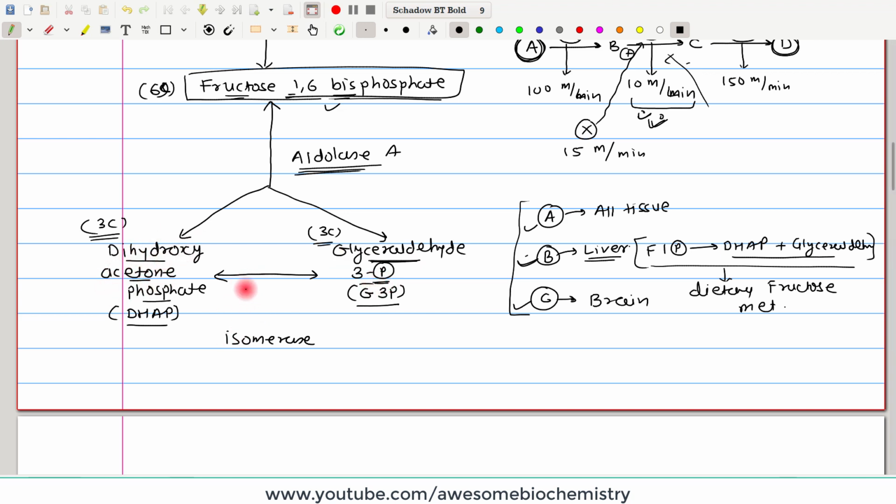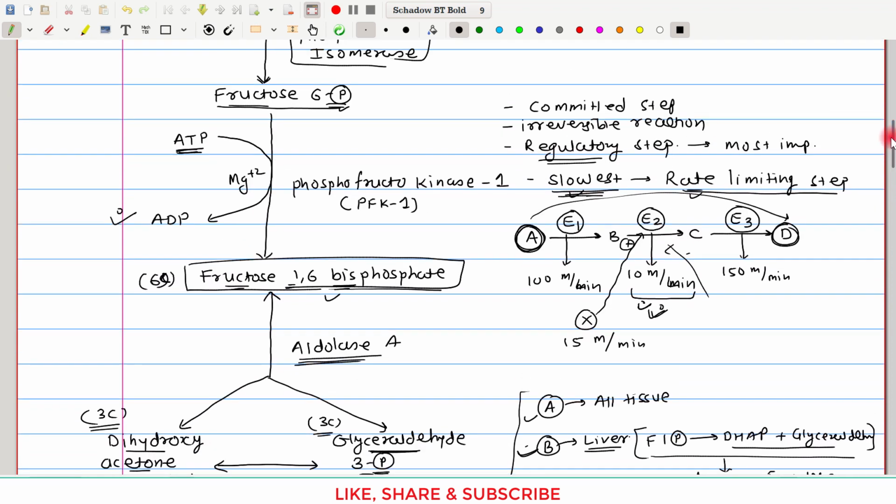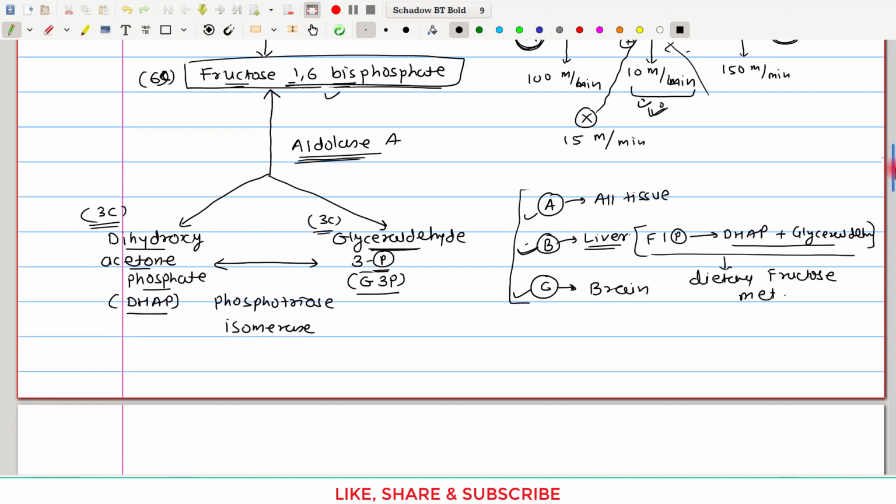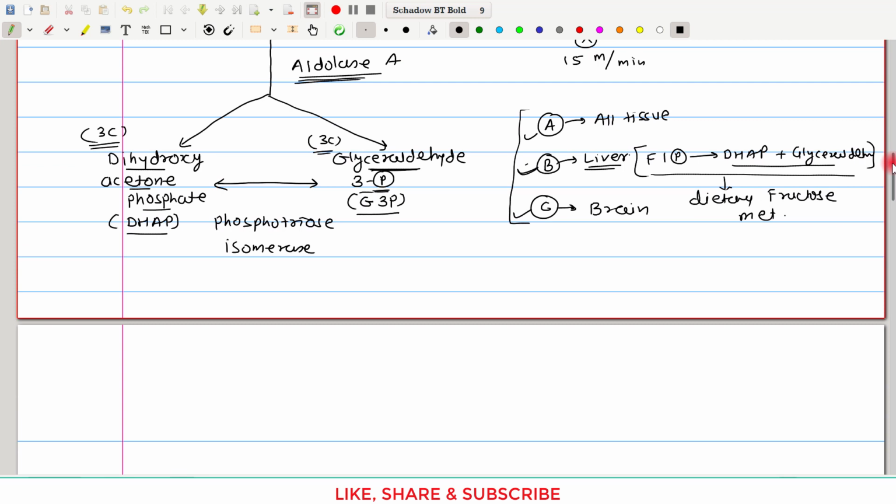So, we call this enzyme phosphotriose isomerase. See, over here it was a phosphohexose isomerase, as it is interconverting 6 carbon phosphated sugars, whereas here it is isomerization of 3 carbon phosphated sugars.